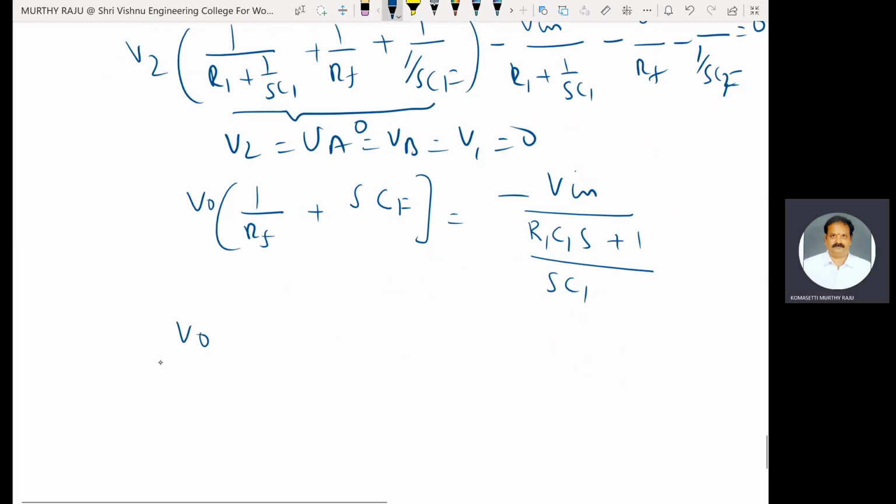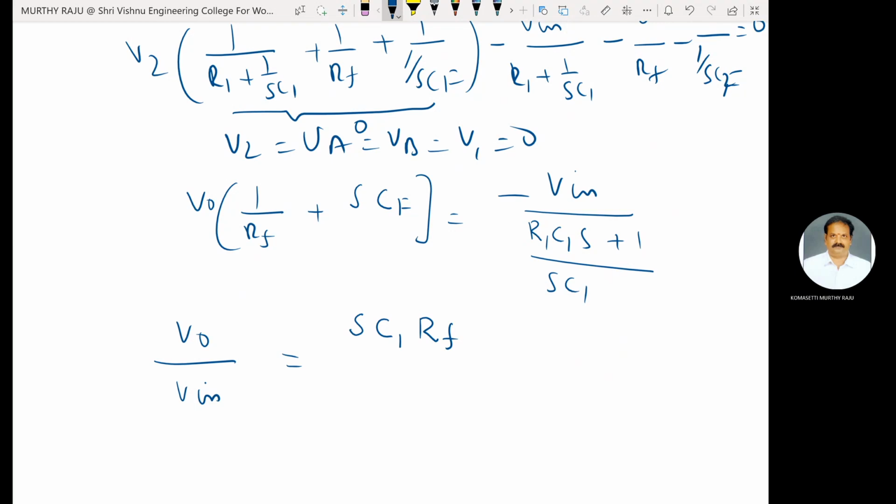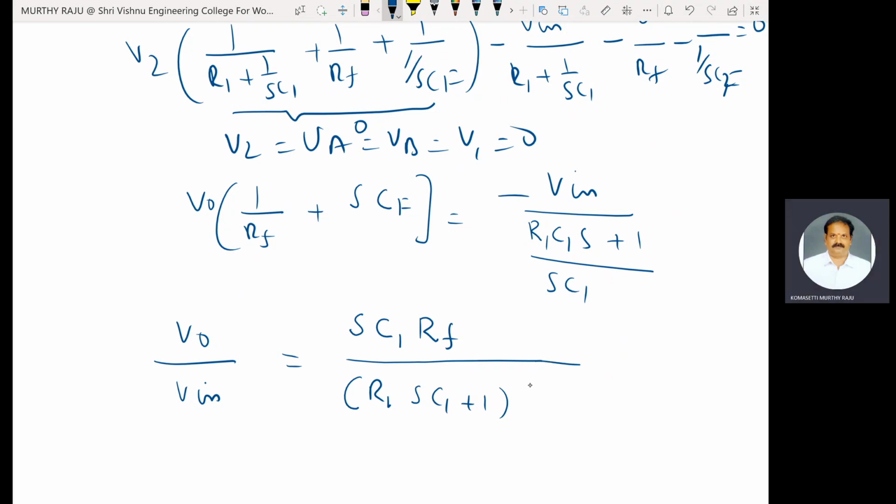That is equal to, after simplification, V0 by V in equals SC1 RF by R1 SC1 plus 1, and one more term is there, RF SCF plus 1.